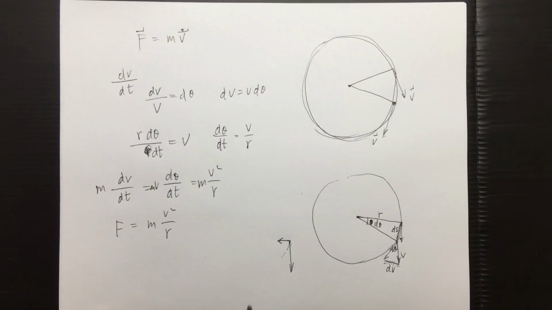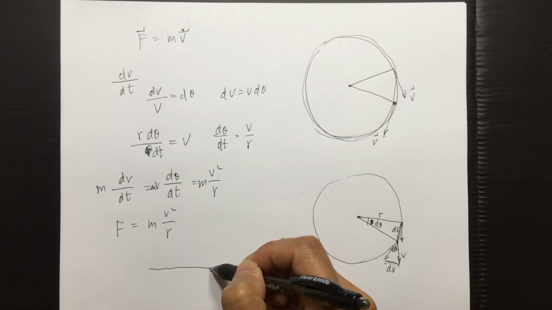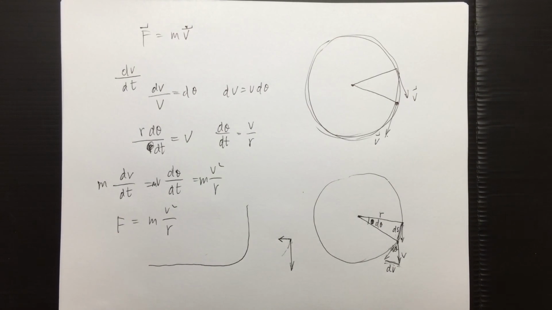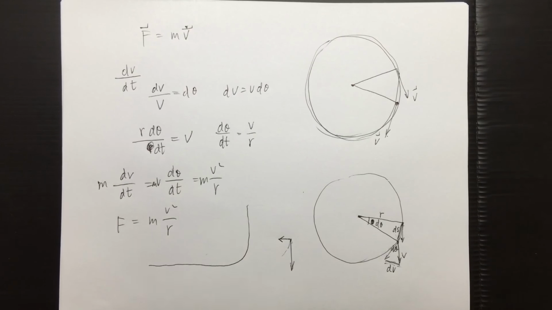Let's put it another way. You're driving in a straight line, then all of a sudden you make a turn. What do you feel first? Are you going out or going in? You're going out. We normally think of that as inertia, because you want to go straight and then you get pulled over, so your body keeps going straight.